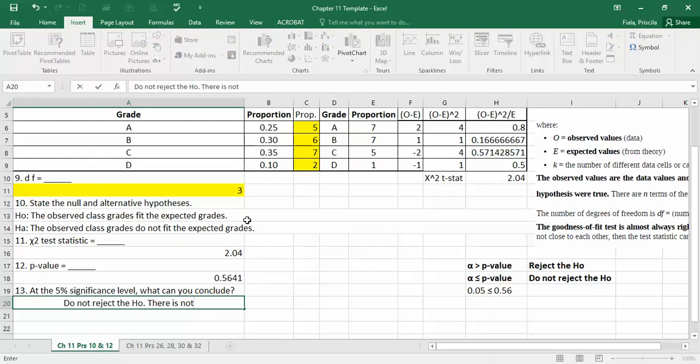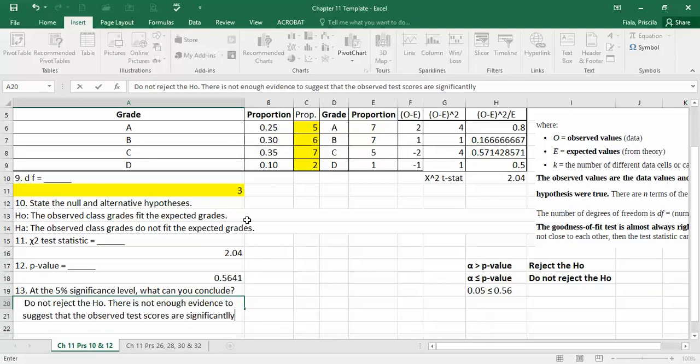There is not enough evidence to suggest that the observed test scores are significantly, only one L, right? Different, something's not right there, is it?